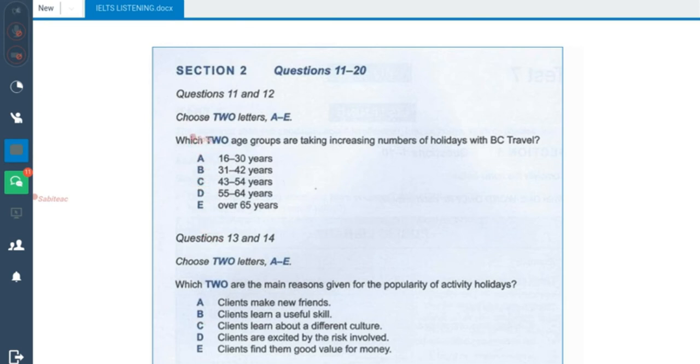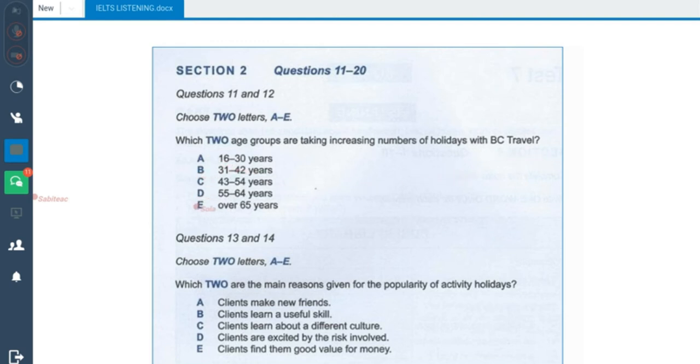Now, as you can see, these questions are examples of the multiple choice questions that require you to pick more than one, specifically 2. Look at the instruction. It says choose 2 letters between A and E. The first question says, which 2 age groups are taking increasing numbers of holidays with BC travel?